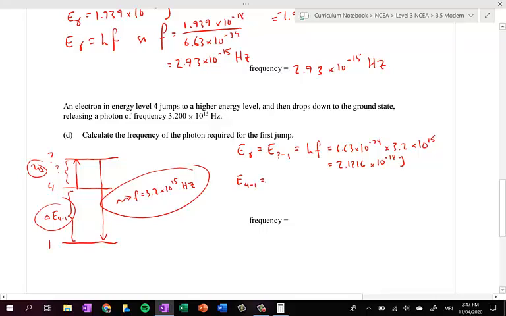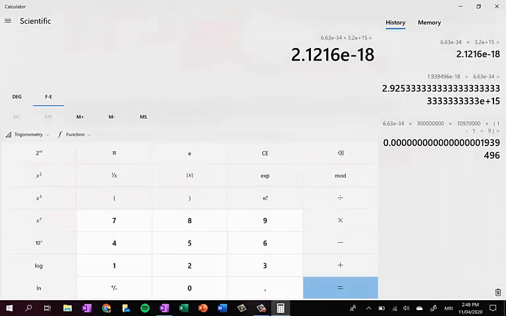And E from 4 to 1 is equal to hcR times 1 over 1 minus 1 over 4 squared. So h, 6.63 times c, 3 times 10 to the 8, times R, which is 1.097 times 10 to the 7. Oops, I forgot to put in Planck's constant.